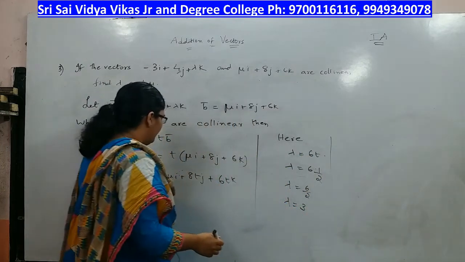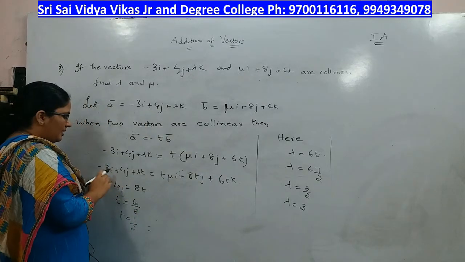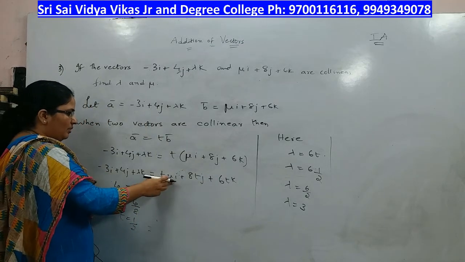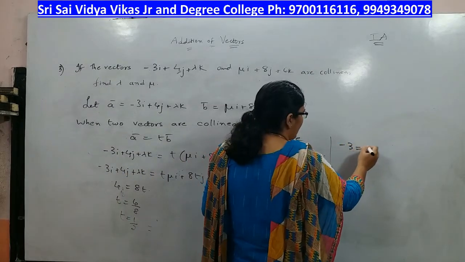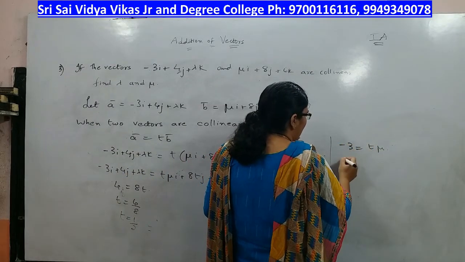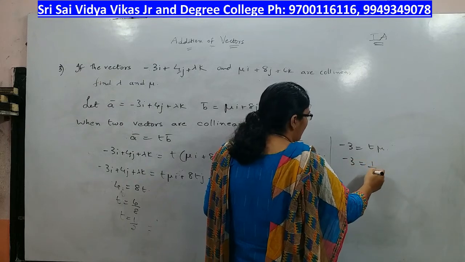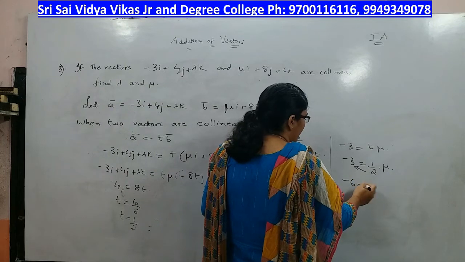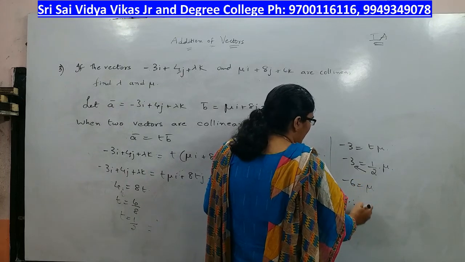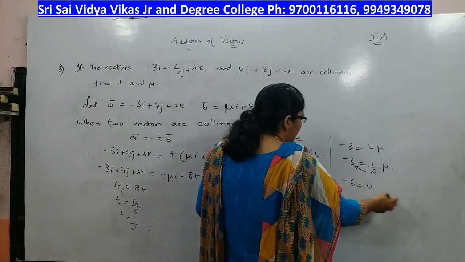Similarly, we'll find the mu value. Minus 3 is equal to T mu. Minus 3 is equal to 1 by 2 into mu. This will go up: minus 6 is equal to mu. Therefore, mu is equal to minus 6.